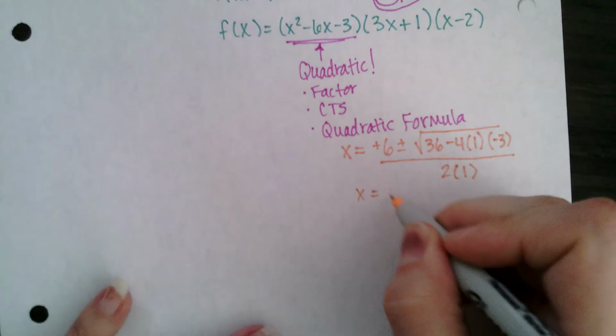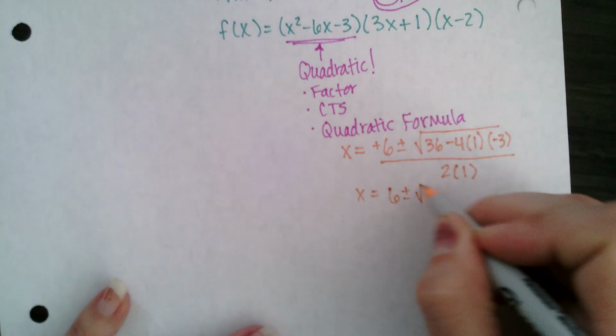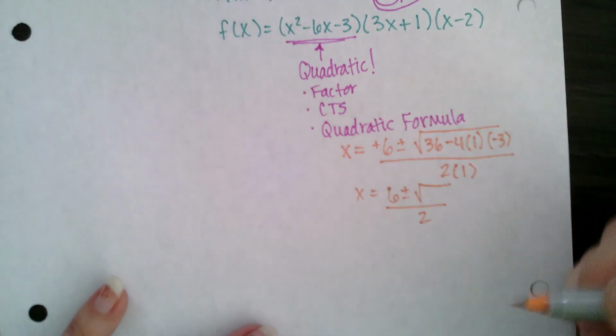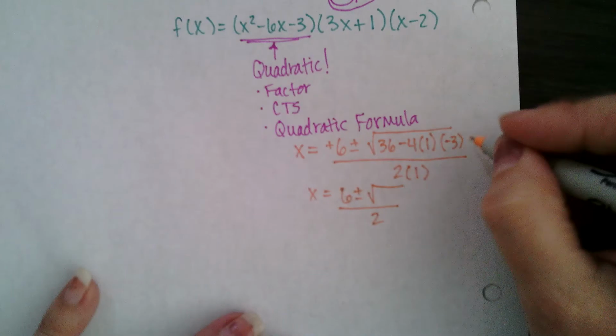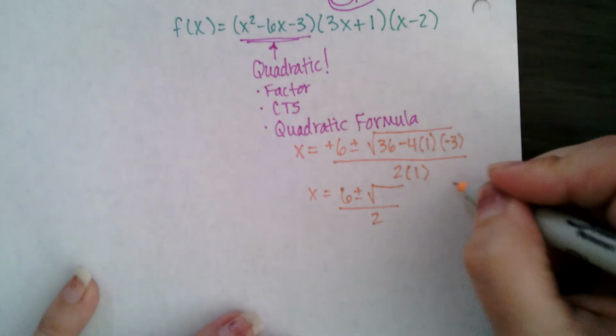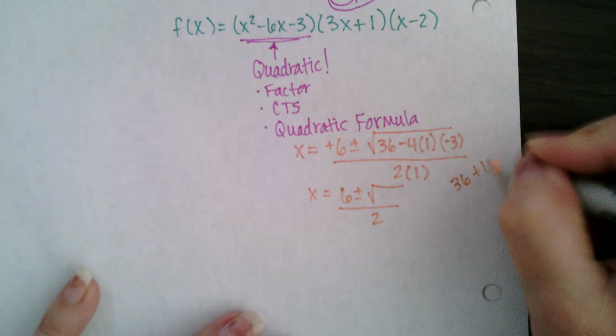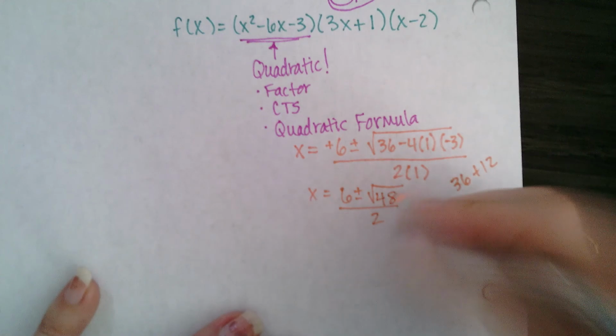So x will be 6 plus or minus the square root of something over 2. So this is going to be 36 and then plus 12, so 48.